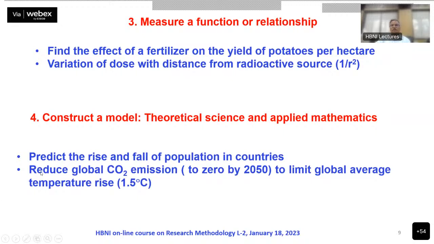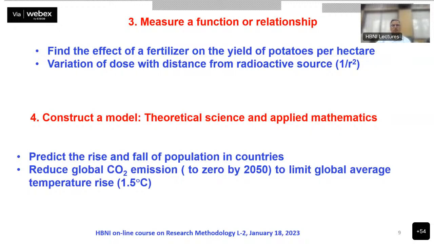Another thing is the climate change effects, to reduce the global CO2 emission. There is an agreement between the different world bodies that we have to reduce the carbon dioxide emission to zero by 2050, so that the global average temperature rise is restricted to 1.5 degrees by that time. Otherwise, it is expected that it will rise by 2 to 3 degrees. So this global warming is a very dangerous trend, and you must be seeing the effect of global warming even now.